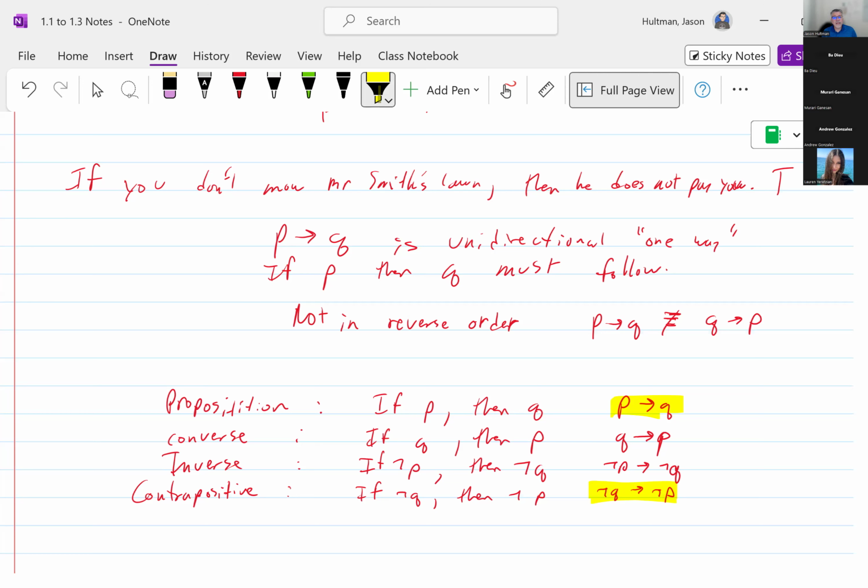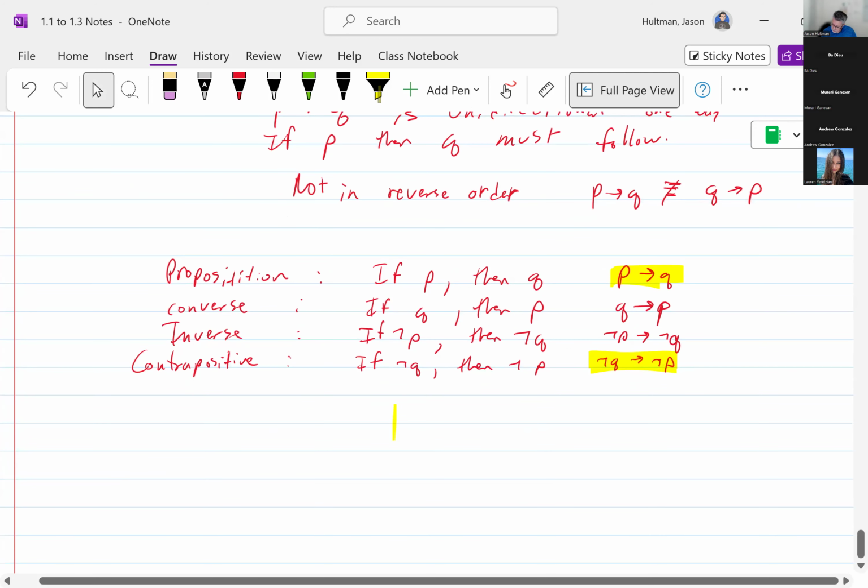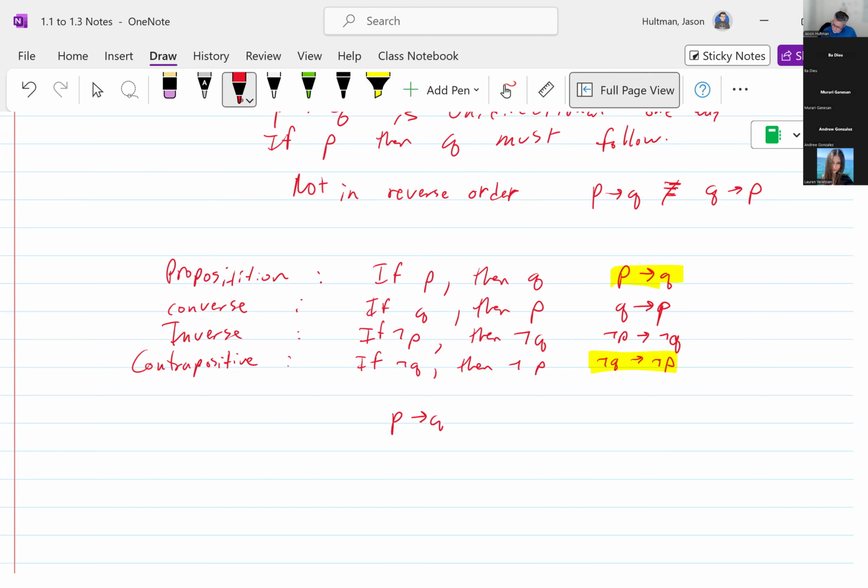The contrapositive is logically equivalent. The three equal sign with 3 dashes means logically equivalent.